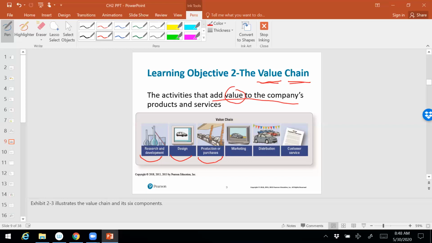Manufacturing you can produce, but for Target or for Walmart, they don't produce. So they get their inventory by purchasing. So we have production for manufacturing. We have purchase for merchandising. And then once you have your products ready, you want to market it and try to sell it. You distribute either to dealers or to customers, and then you have the customer service.